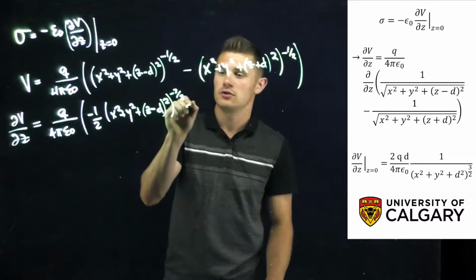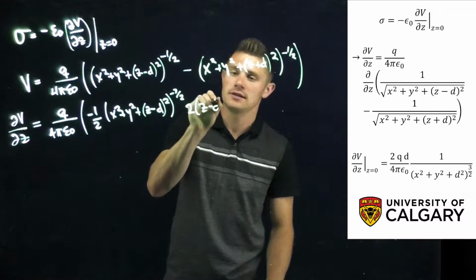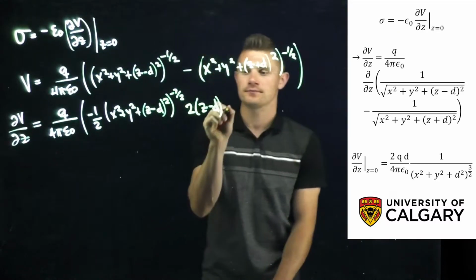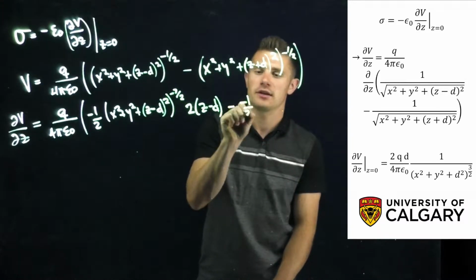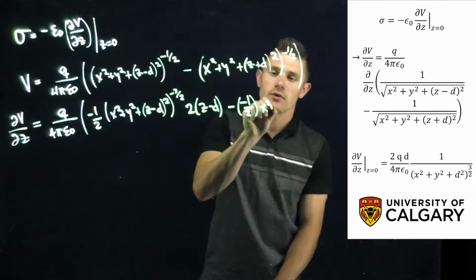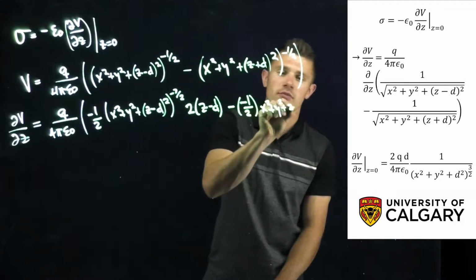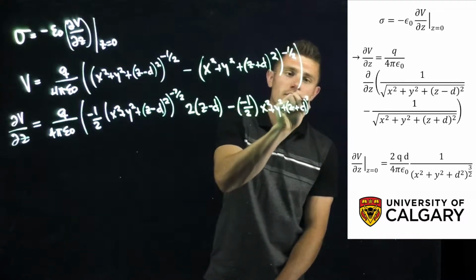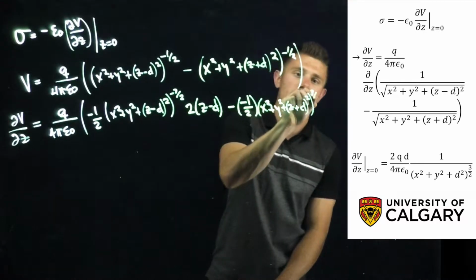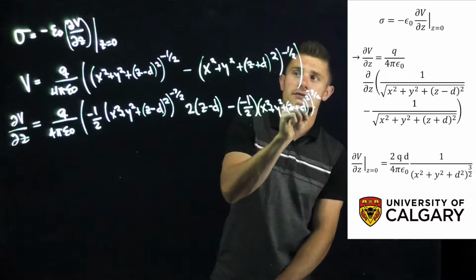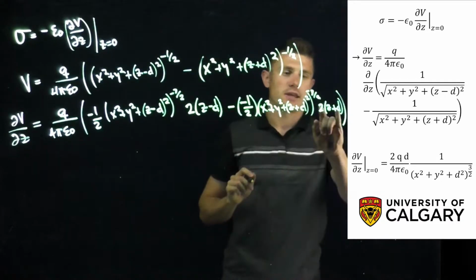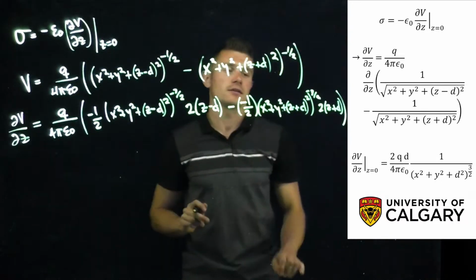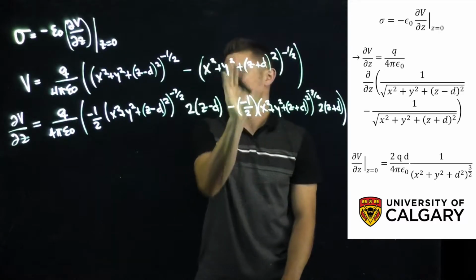We get 2(z minus d) from the inside component. And this will all be subtracting off the derivative of this component here, which is negative 1/2 times (x squared plus y squared plus (z plus d) squared) to the negative 3/2, times 2(z plus d), where this again is the chain rule derivative of the inside.